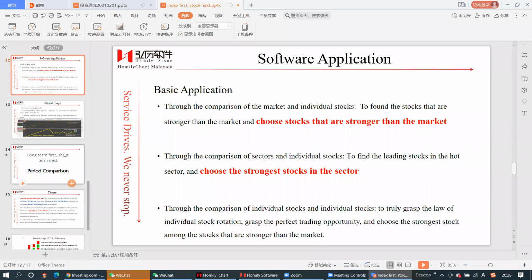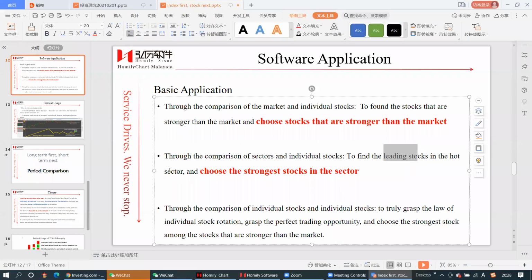Okay. So here you can also see, through the comparison of the market and individual stocks, we need to find which stocks are stronger than the market, and which sector and individual stock we compare. We need to find which one is the leading stock in the hot sector. That's why I say we can find the huge market capital and find the strongest stock in the sector.